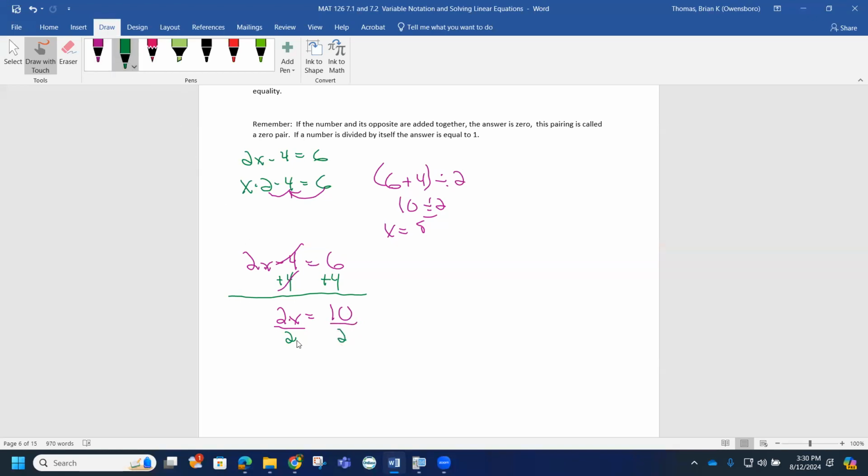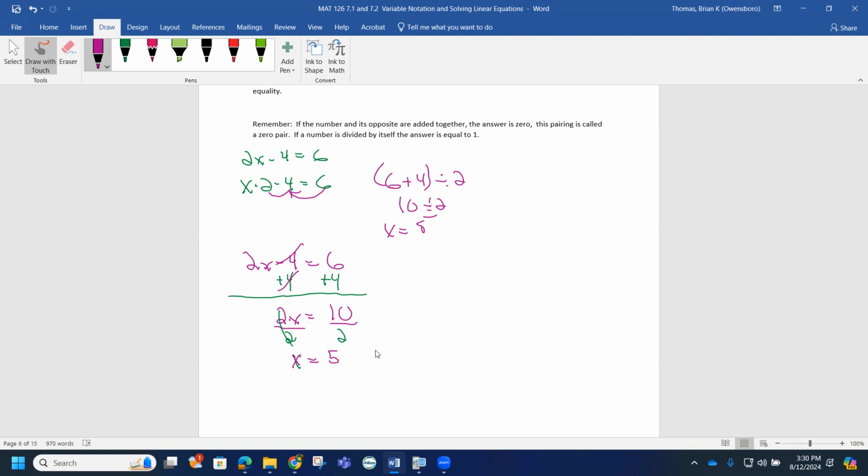This creates a new statement that's still balanced, if you will. So the 2's will divide out, turn into a 1, but the coefficient of 1 is not shown. So my solution is going to be x equals 10 divided by 2, which turns into a 5. So that would be my solution, x equals 5.